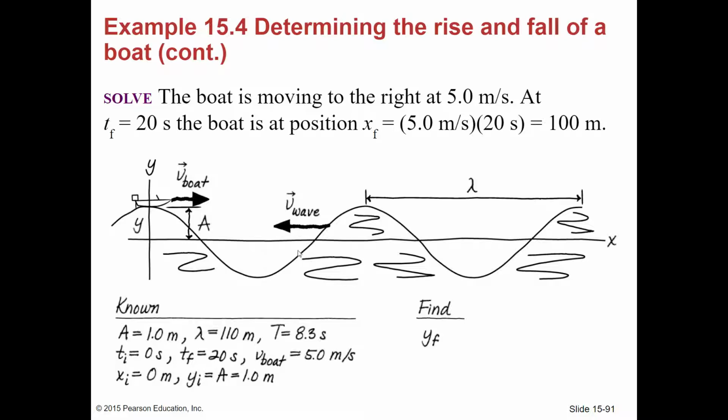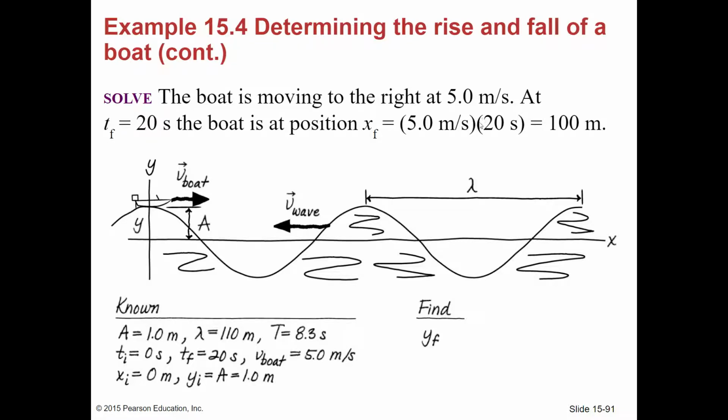The trick to this is it doesn't matter what the wave is doing. The boat is still going 5 meters per second to the right with regard to this problem. So you can pretend the boat is just going 5 meters per second to the right for 20 seconds.